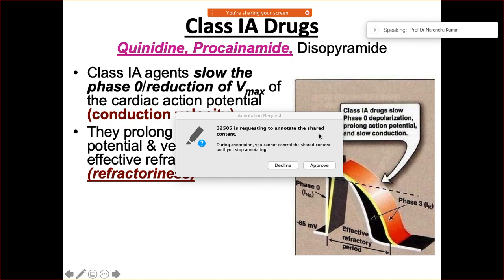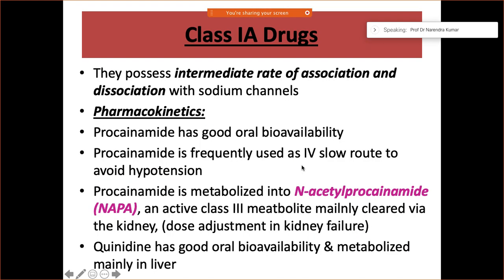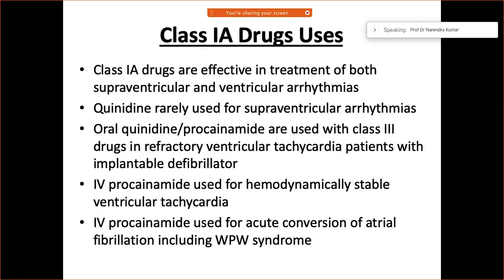It gets metabolized into NAPA, which stands for N-acetyl procainamide, and which is mainly cleared by the kidney. And quinidine has very good oral bioavailability and is also metabolized in the liver.